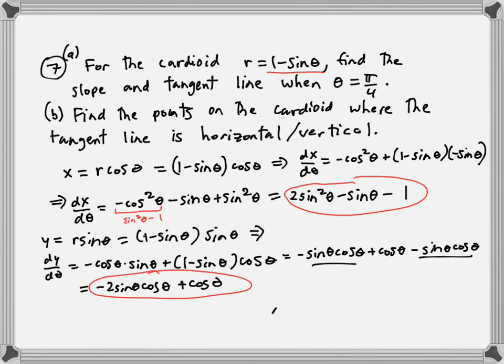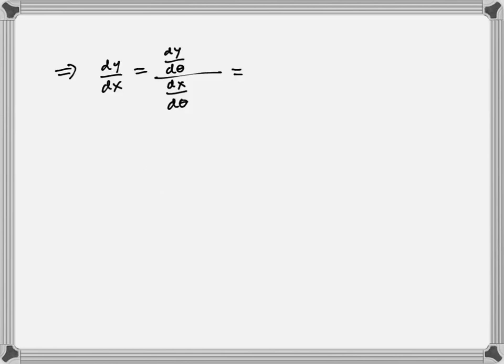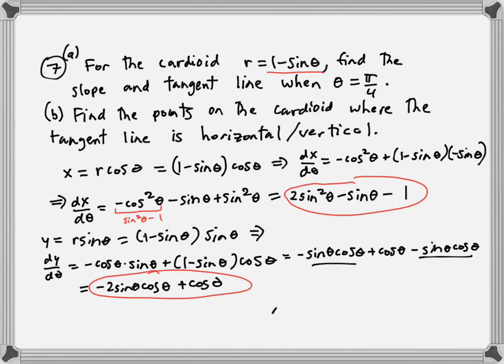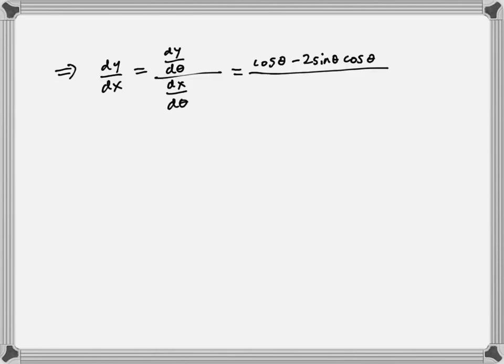Well, dy d theta is that guy on the bottom, so let me write it in the positive order first: cos theta minus 2 sine theta cos theta. And dx d theta is 2 sine squared theta minus sine theta minus 1.